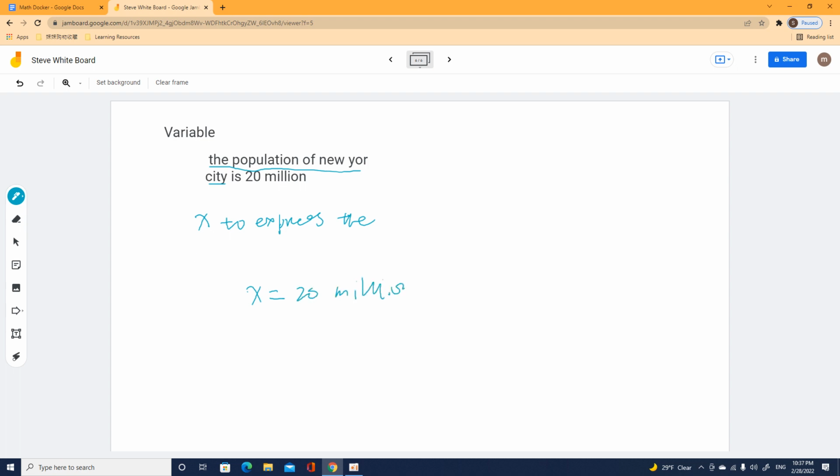Okay, so that is a very basic, very simple example about the variable. Sometimes we also call the variable the unknown, because in most scenarios we don't know the exact number of the variable, so usually we use a variable to express the unknown. Okay, so this is about the variable.